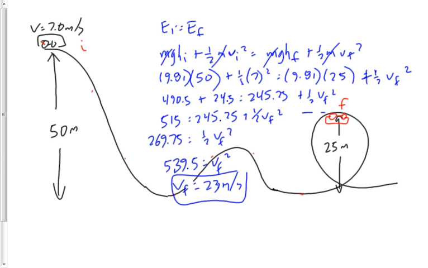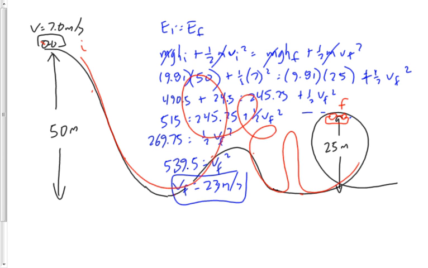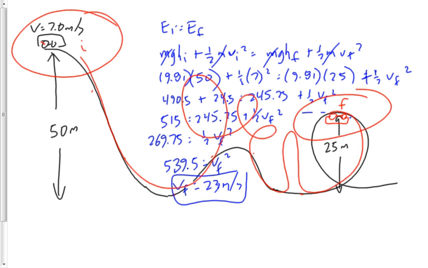It doesn't matter whether it went down the path that it did, or went down like this, or went up and around another loop. It doesn't matter how it got there. Bottom line is the energy here is the same as the energy here, regardless of what happened in between. Does that make sense?